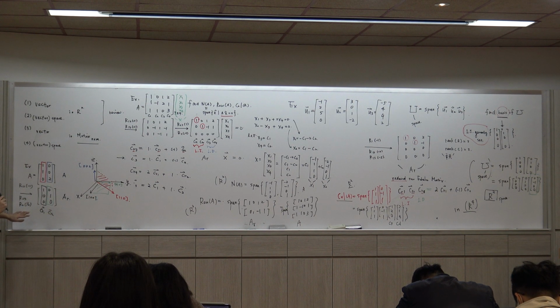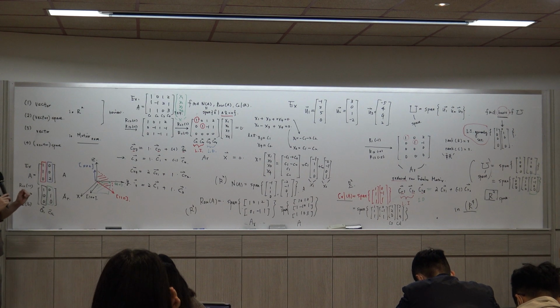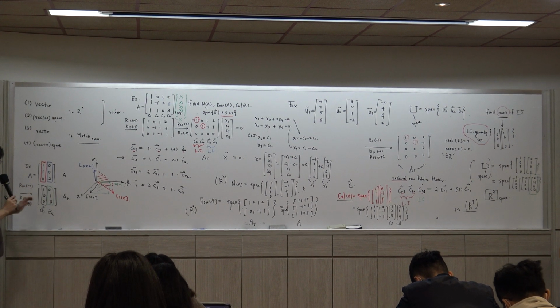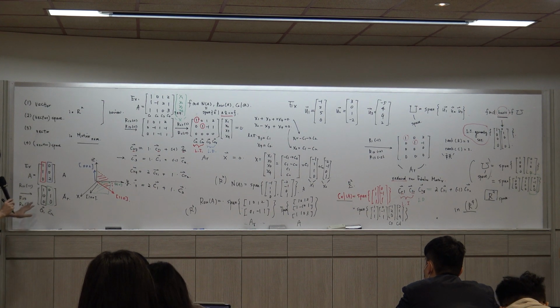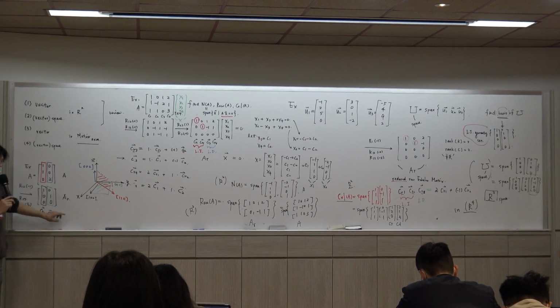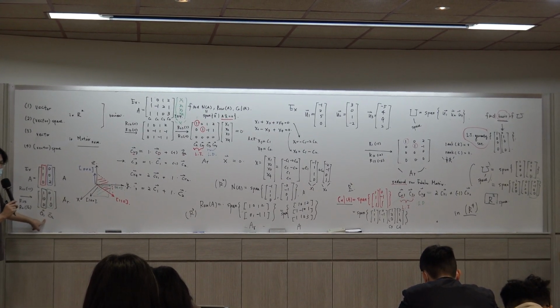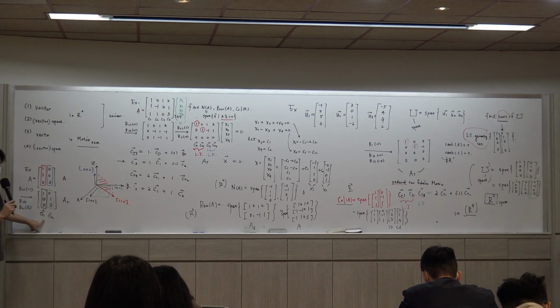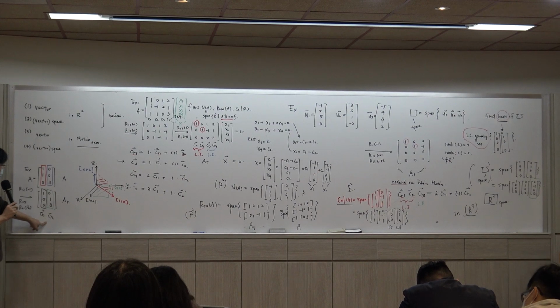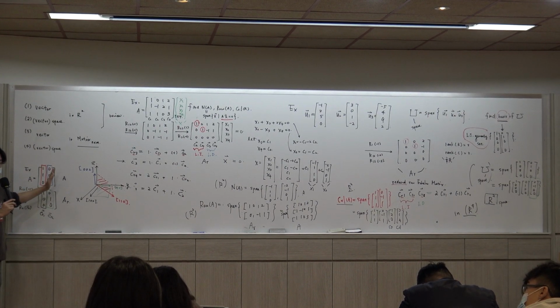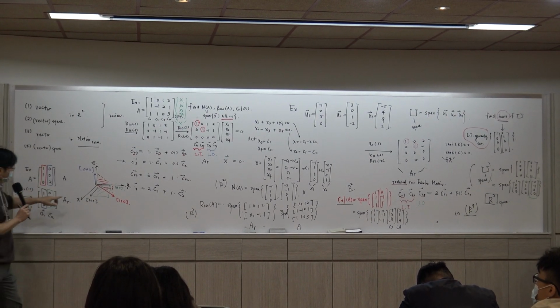So that's the reason we should not use, we should use a precise term. We cannot use column vectors in the reduced matrix to describe the column space. The column space should be described based on the column vectors in the original matrix.